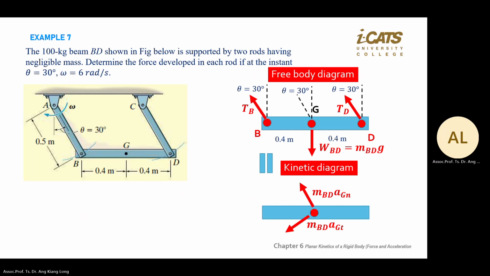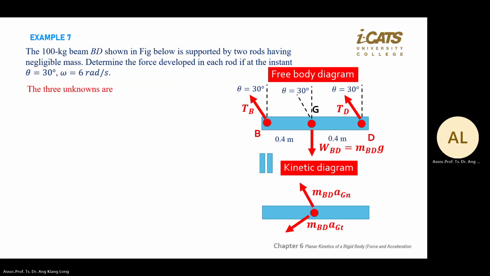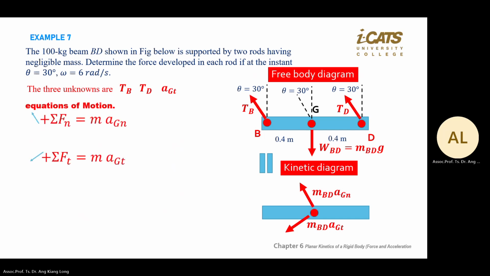Okay. So once you have the free body diagram and kinetic diagram, you pull out the equation F equal to ma. Because it's circular motion, you use F equal to ma in the tangent and normal directions. Again, for the equation, Fn and Ft you refer to the free body diagram, and ma you refer to the kinetic diagram.